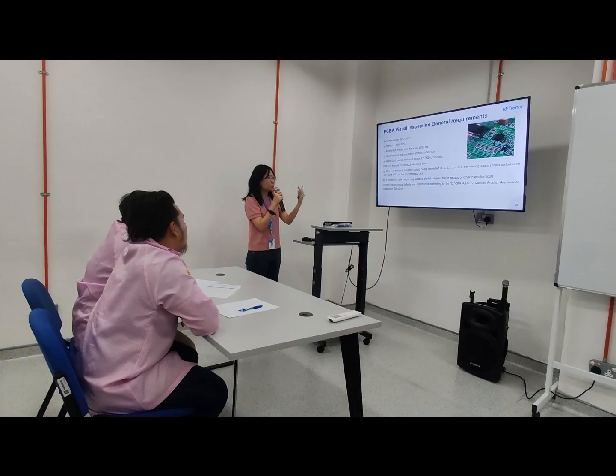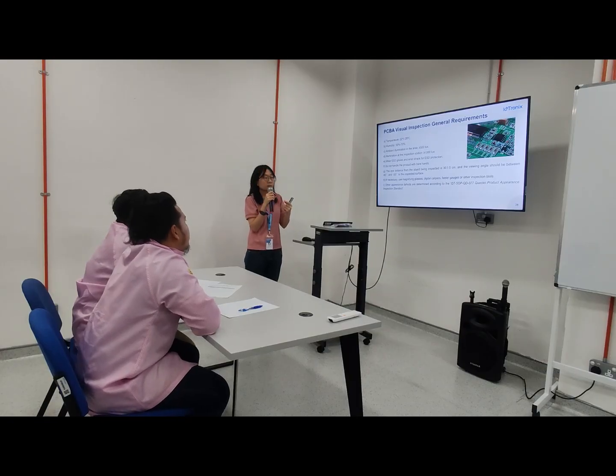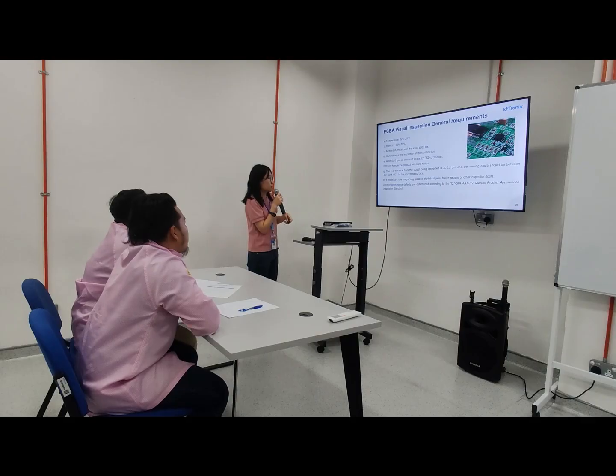The distance from the object being inspected is 30 plus or minus 5 cm, and the viewing angle should be between 45 and 120 degrees. If necessary, to confirm whether it is a reject or not, we will use a magnifying glass, digital scope, feeler gauge, digital caliper, or any inspection tool to verify whether it's a real defect or not. For other defects, appearance defects are determined in the Quitel Product Appearance Inspection Standard.